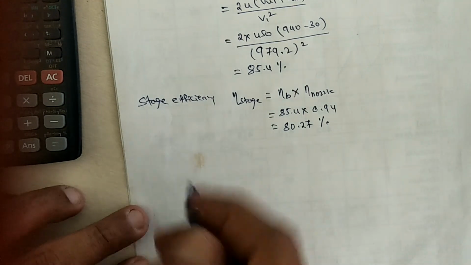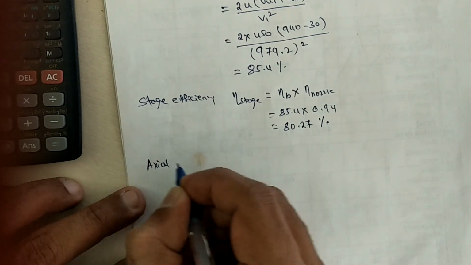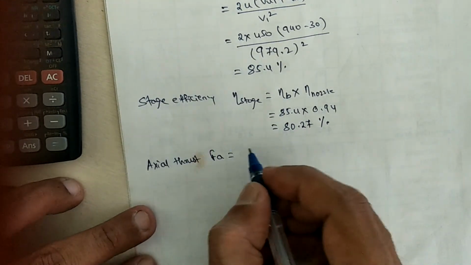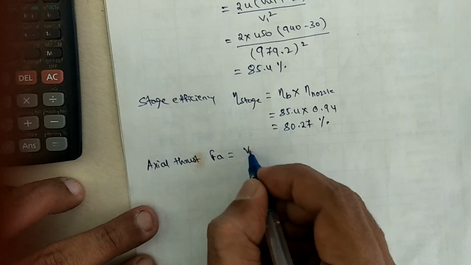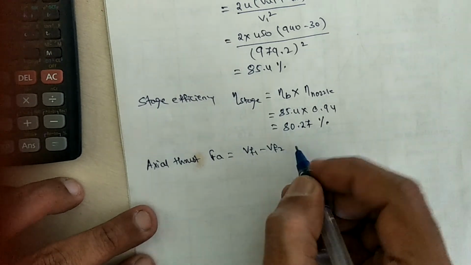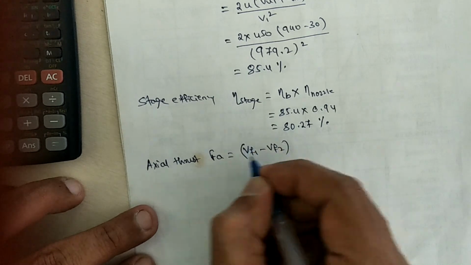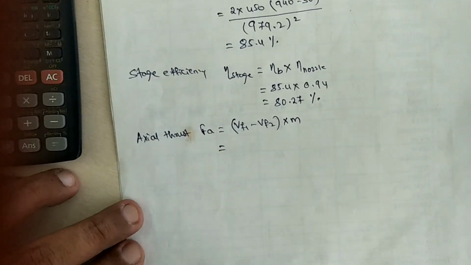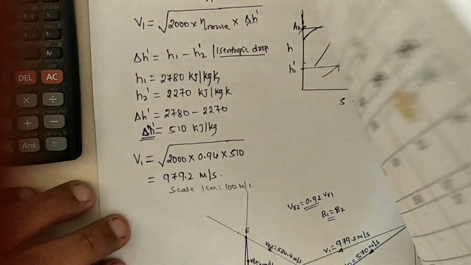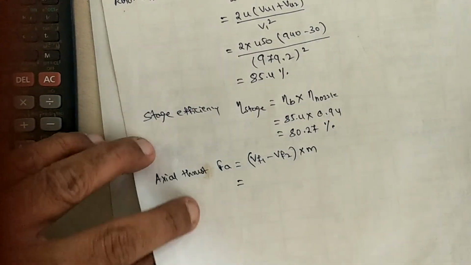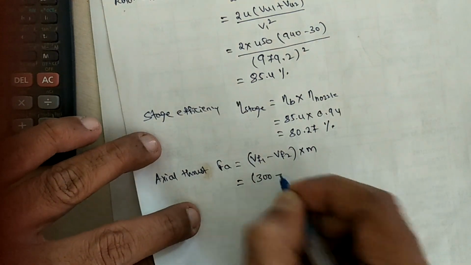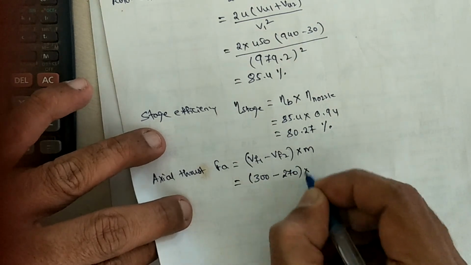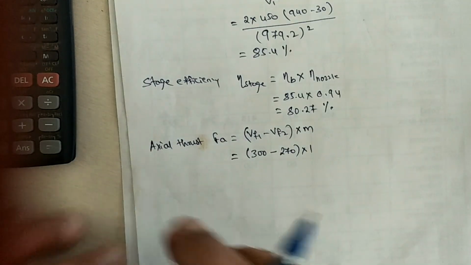Now we need to calculate axial thrust, that is FA. Axial thrust FA is equal to (VF1 minus VF2) into m. Just substitute the values here. VF1 is 300 meters per second, and VF2 is 270, into 1, since we are considering the mass flow rate as 1.